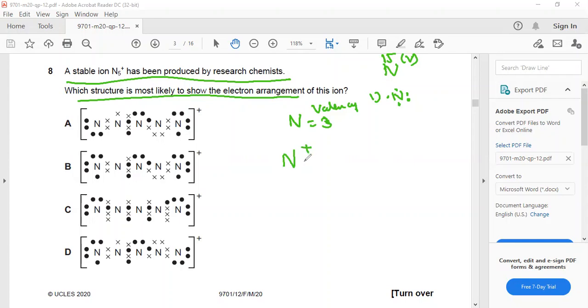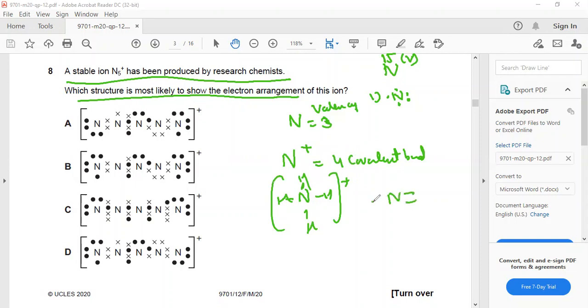It has 4 electrons, so it makes 4 covalent bonds, like in ammonium, it makes 4. So nitrogen with plus charge is like carbon. Nitrogen can make 4 bonds like this, or 4 bonds like this: 1 triple and 1 single.